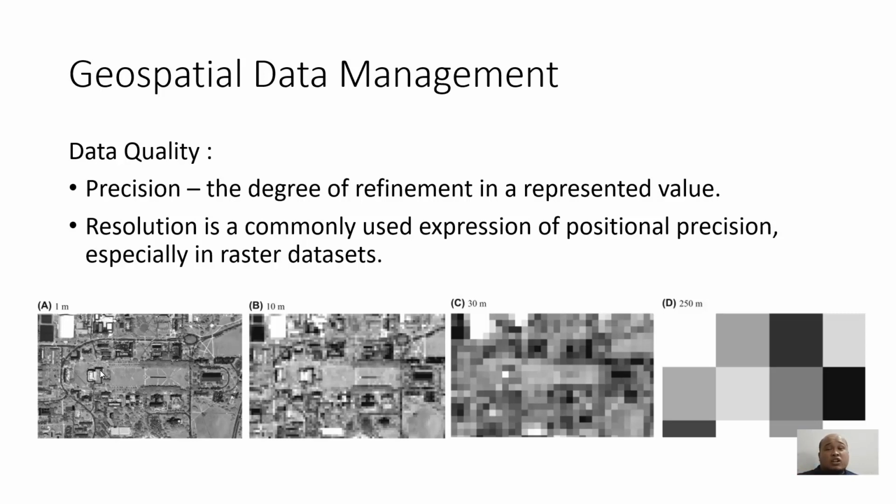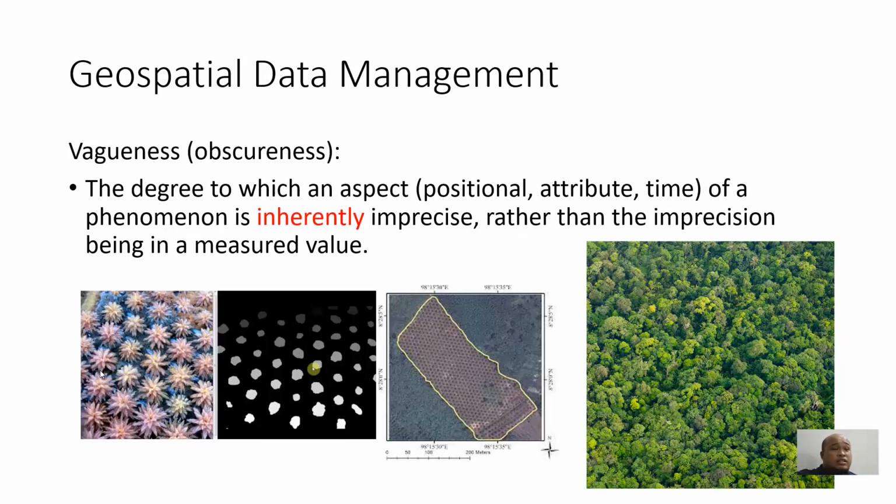Yeah, that is on the precision. Next is the vagueness or obscureness, the degree to which an aspect or positional attribute and time of the phenomenon is inherently imprecise rather than the imprecision being in a measured value.